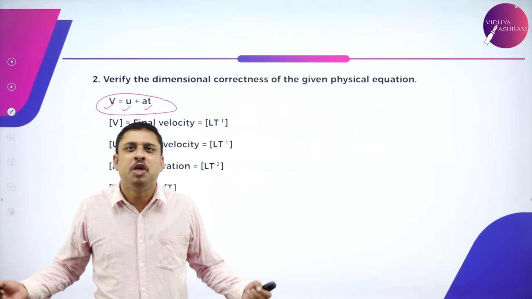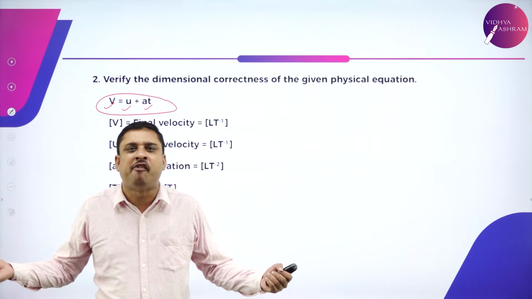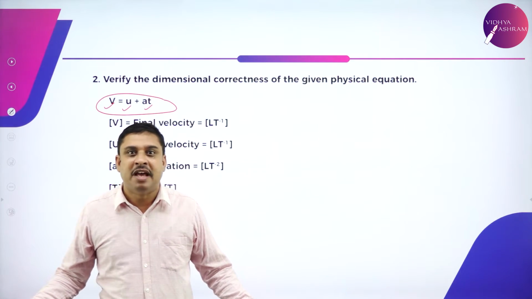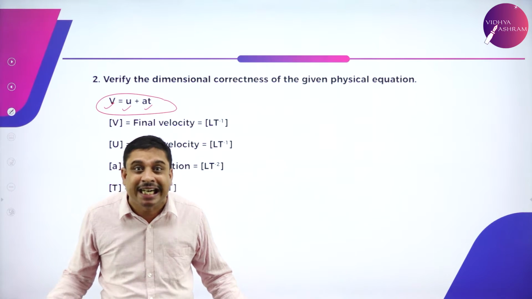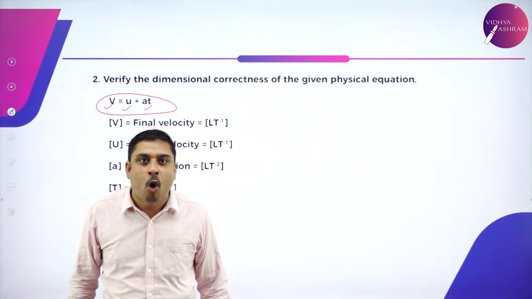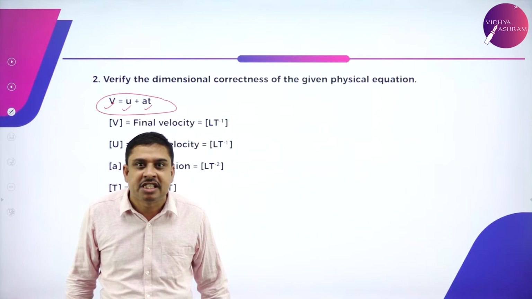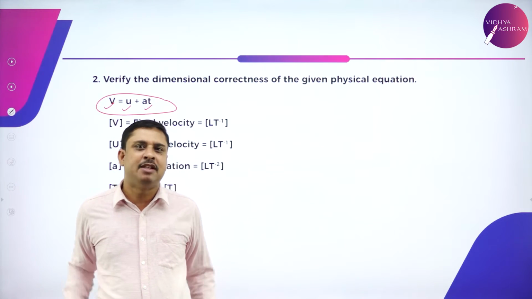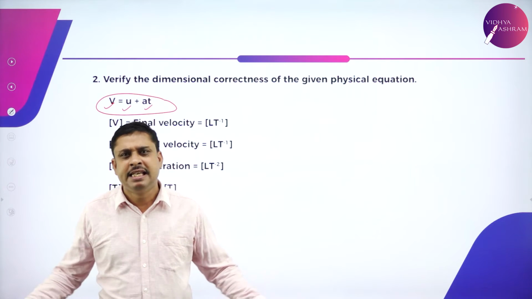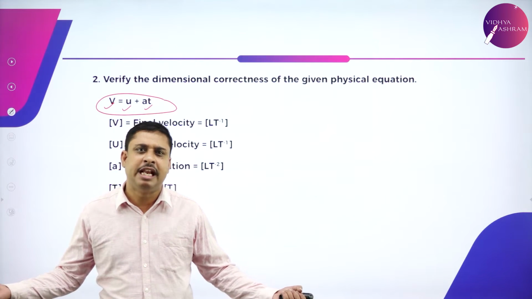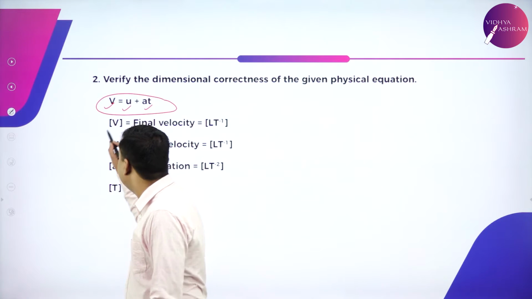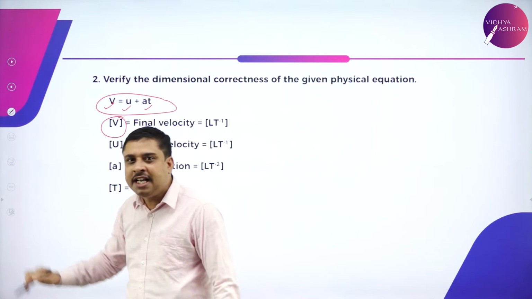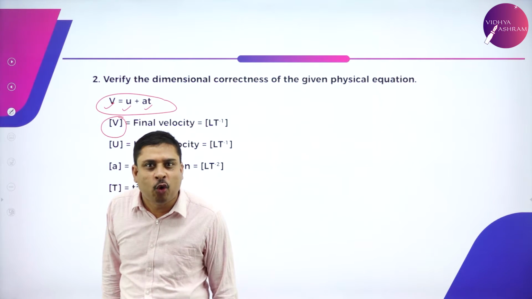Again, sir, we use the principle of homogeneity. We check whether the dimensions of terms on both sides of the equation are the same. If it is the same, dimensionally correct. Else, dimensionally false.